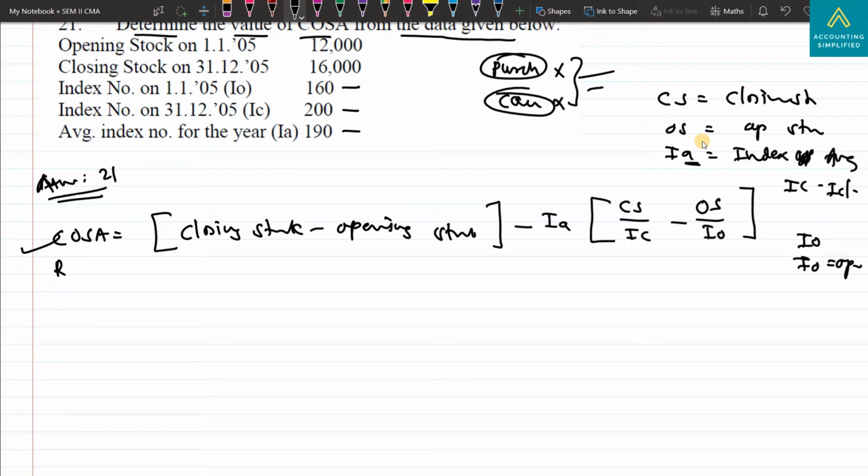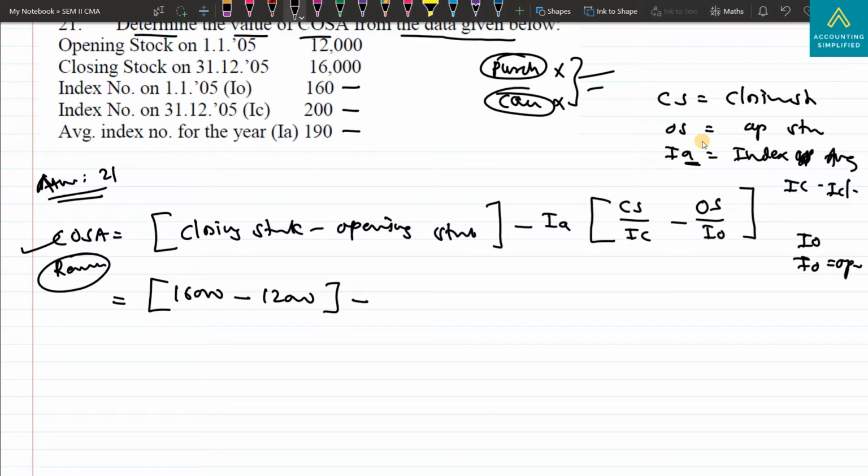So remember this, right? Closing stock minus opening stock minus average index times the bracket, is equal to, chalo, closing stock is given as 16,000 minus opening stock 12,000.